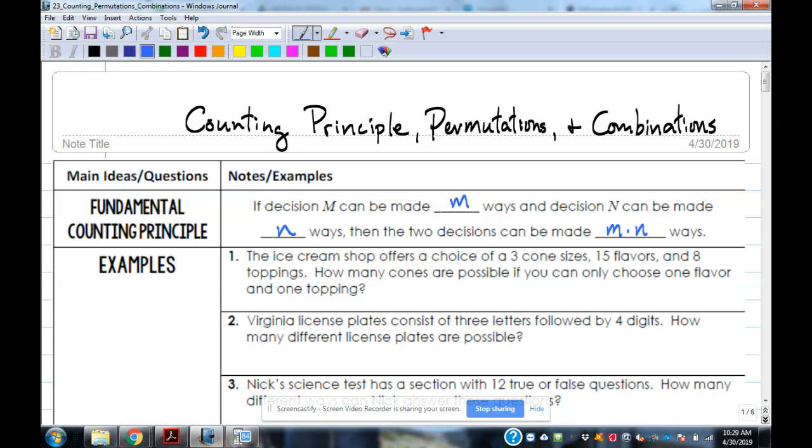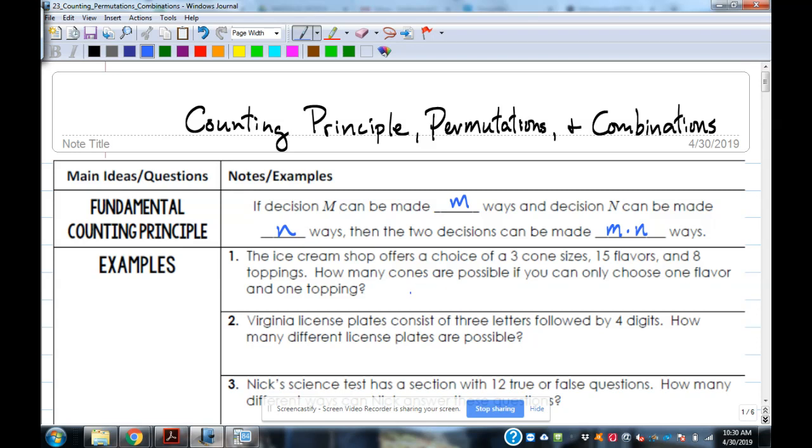So you're multiplying those decisions together is how that's going to work. So the first idea here. Number 1 says an ice cream shop offers a choice of 3 cone sizes and 15 flavors and 8 toppings. How many cones are possible if you can only choose 1 flavor and 1 topping? Okay, so this is a counting principle problem because we can only choose 1 of each. It changes if we can pick 2 or 3 of each.